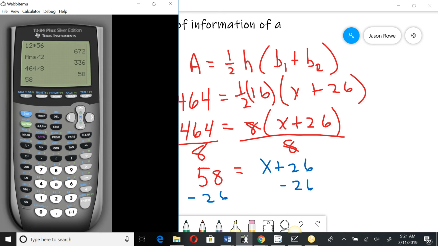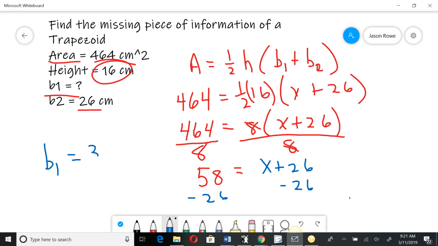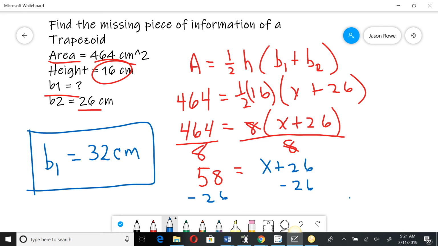We've got 58 minus 26. That gives me 32. So base 1 is 32 centimeters. In all those problems, there's about, let's see, 1, 2, 3, 4 of these. Substitute what you know, use inverse operations to solve for what you don't know. And that's all you've got to do on these.